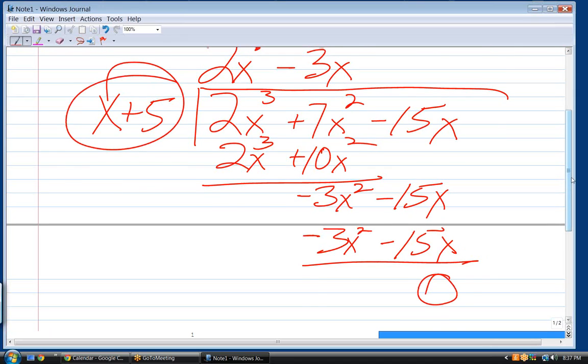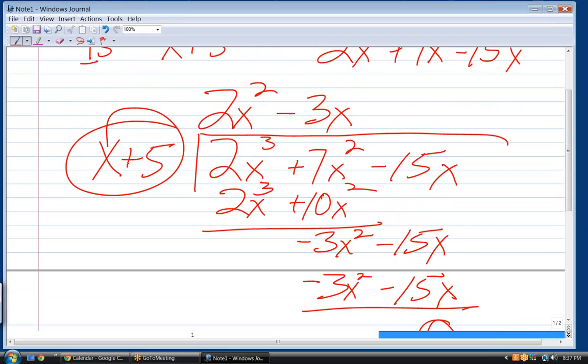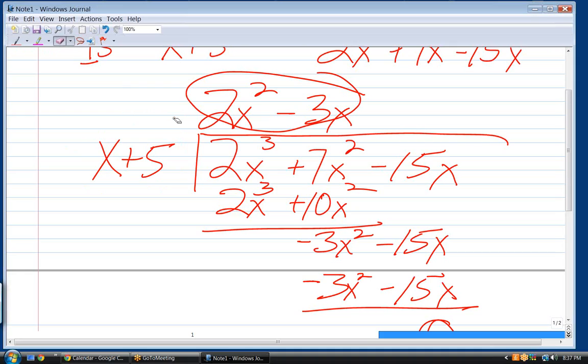And if I wanted to prove it to myself, I would multiply this by this, and I would get what's inside the division bracket. It's not really a radical when we're doing division, it's not a square root or anything. So that's how you do long division with a polynomial, and that's how you prove that it's a factor, by dividing it and not having any remainder.